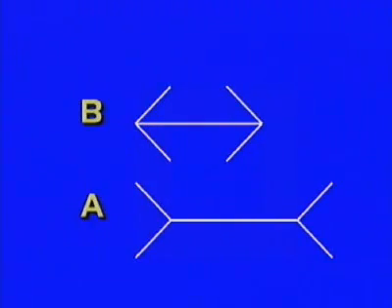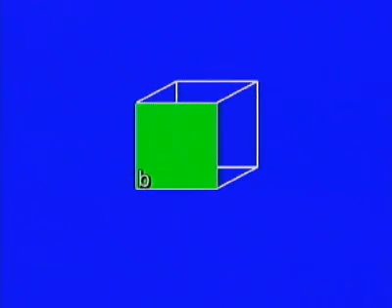How much longer is line A than line B? Which side of this cube is in the front and which is in the back? It depends on whether you look at A or B.